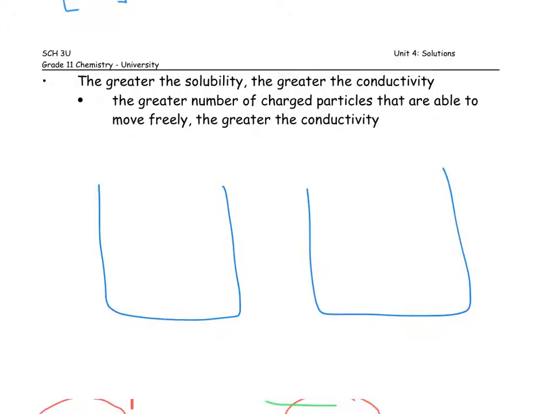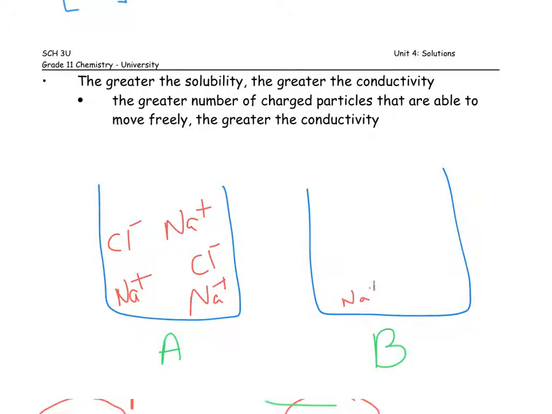In this first beaker, which I'm going to call beaker A, and this one is beaker B, in beaker A, let's say I have a bunch of sodiums and a bunch of chlorides. Here's another chloride, another sodium. So really high concentration of ions, right? Let's just assume. Versus in solution B, let's say I have just very few ions.